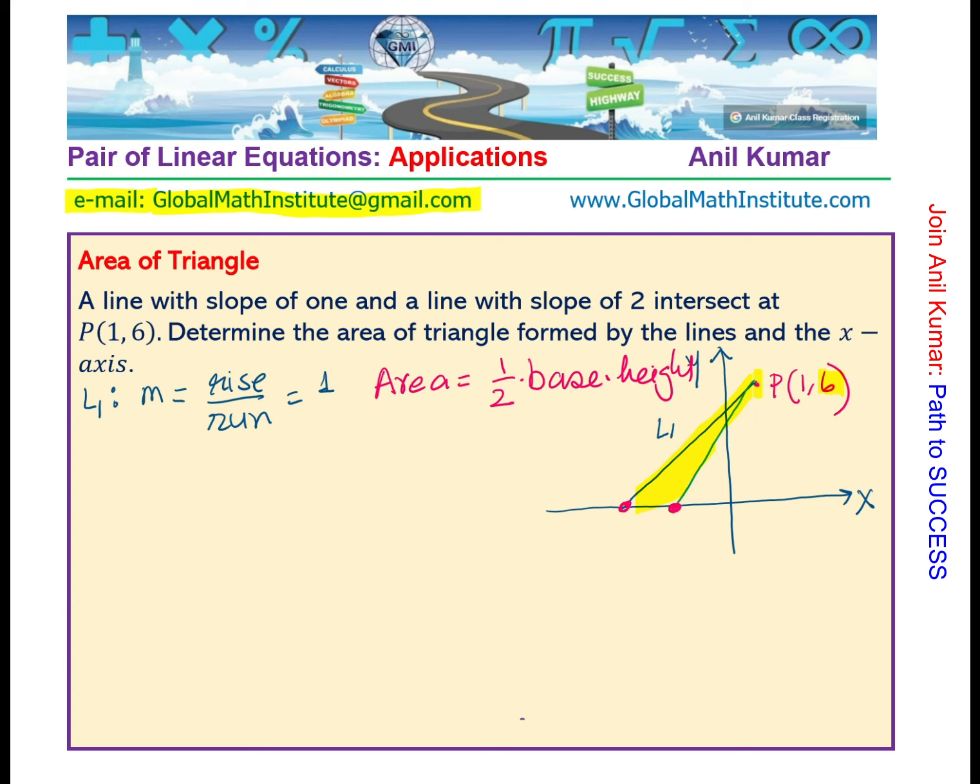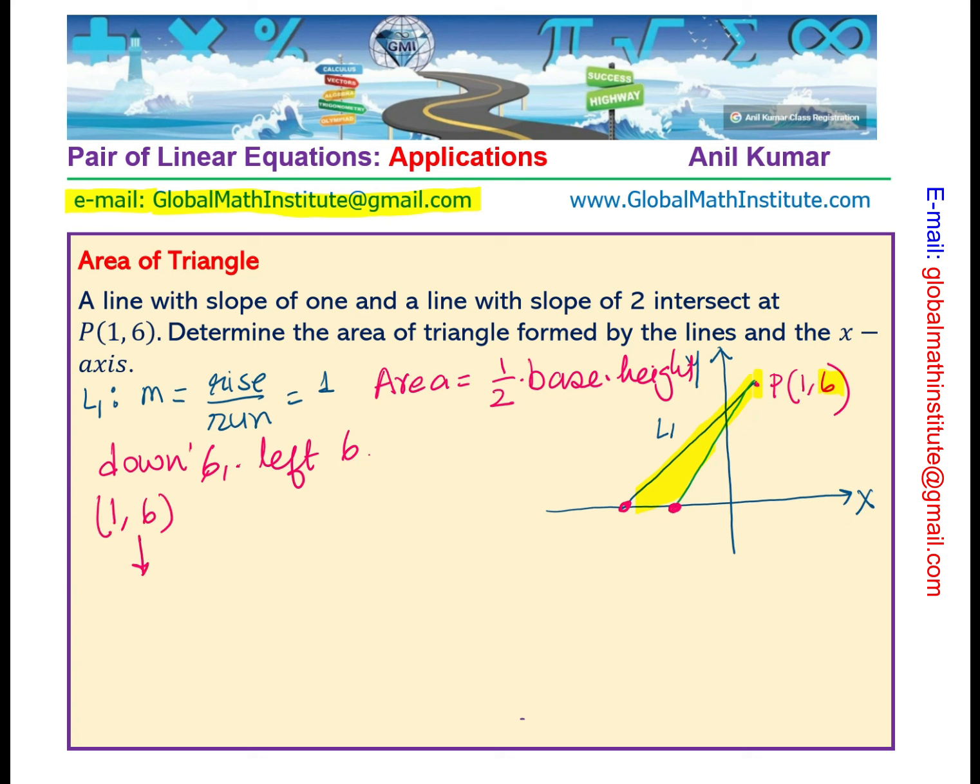So to come down by 6 units, slope of 1 means down 6 means left 6. So from this particular point, which is (1, 6), we have to go to 0 for y and 1 minus 6 for x, which gives you minus 5.